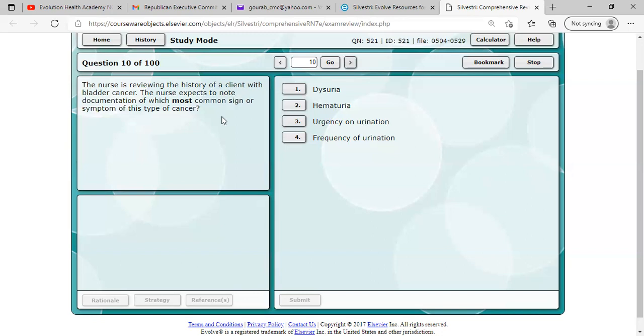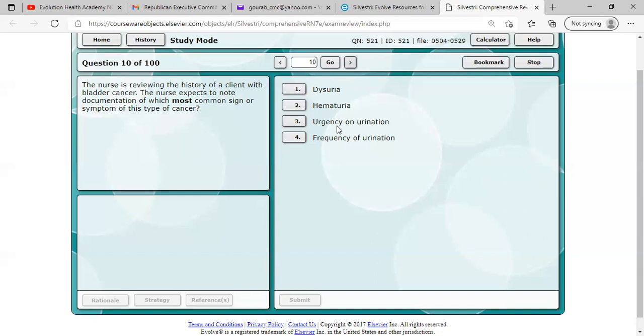So first of all, hematuria. Hematuria is the most common sign of bladder cancer.